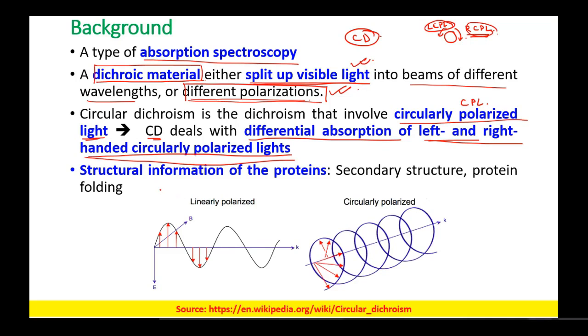From here, as I already told you, we get the structural information of the proteins, and we are able to predict the secondary structure. It is also possible to understand whether there is protein folding or unfolding due to changes in the environment.